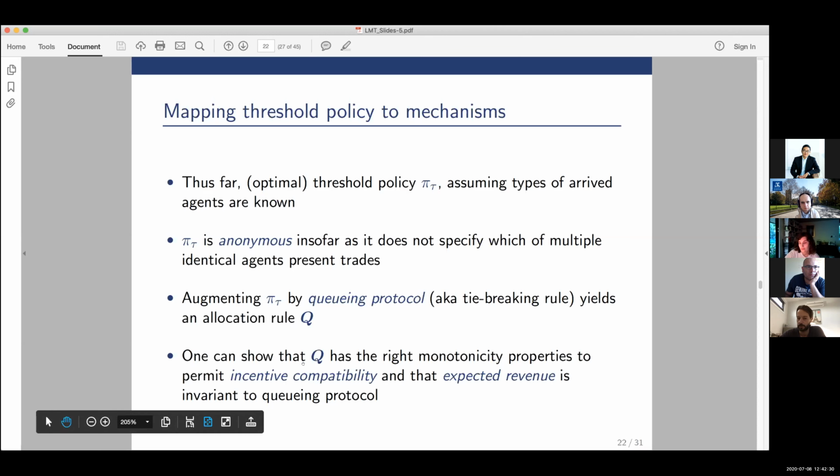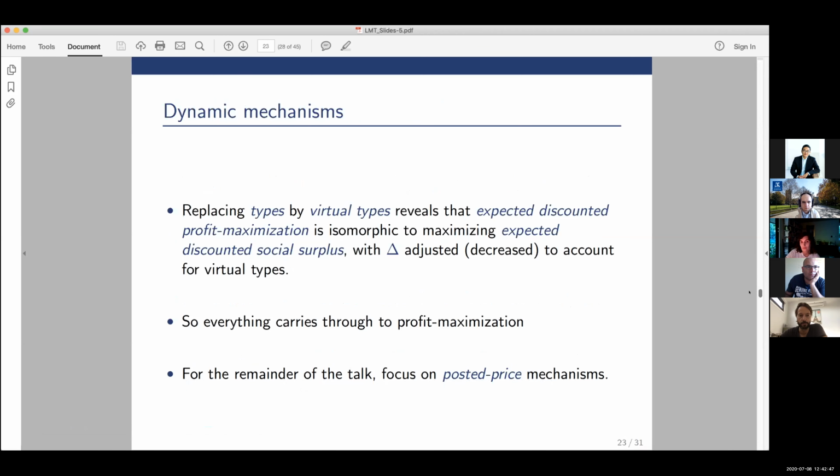Q has these monotonicity properties, and that permits incentive compatibility. We can also show that the expected discounted revenue of the mechanism is invariant to the queuing protocol. That's a lemma in the paper.